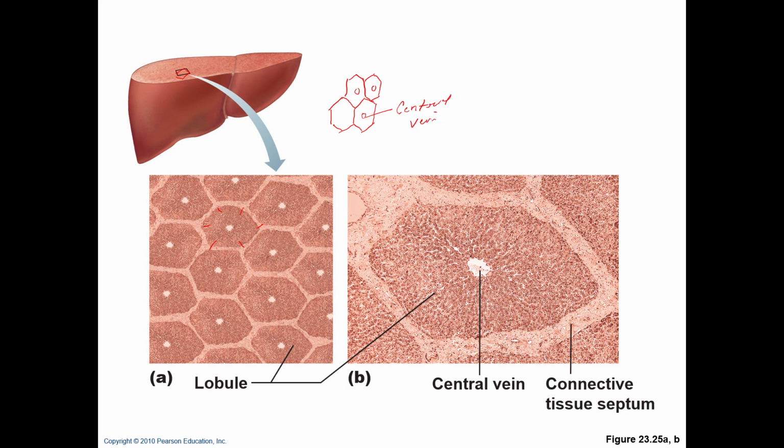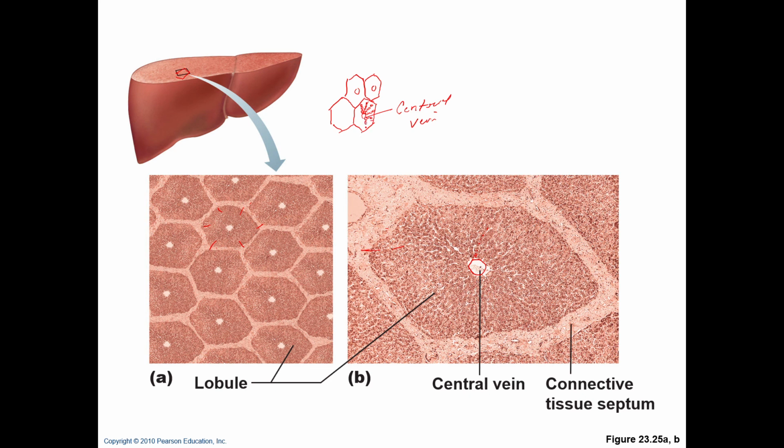You see here, central vein. And the hepatocytes, these are the liver cells. You see the tiny cells. Hepatocytes are very nicely present like this, going from the central vein towards the wall of the lobules.